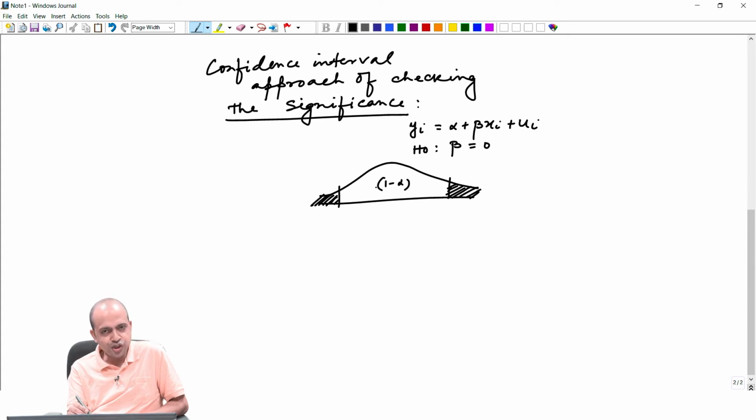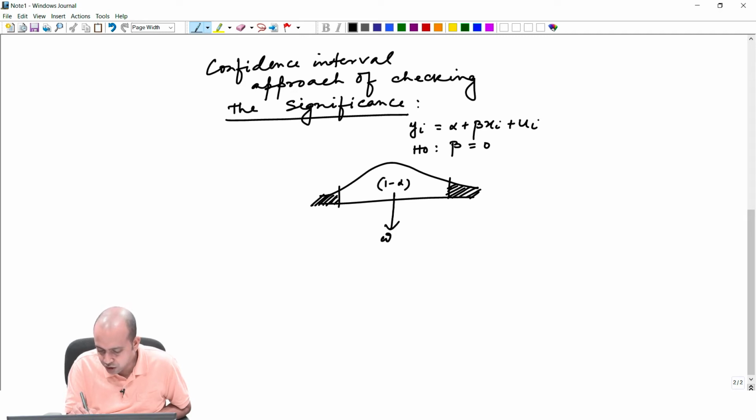This is called region of confidence or region of non-rejection. So, whether the hypothesized value of the true population parameter is captured by this interval or not.